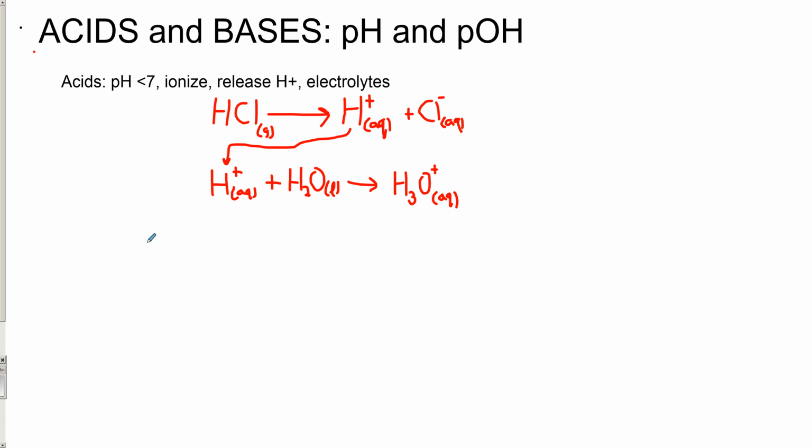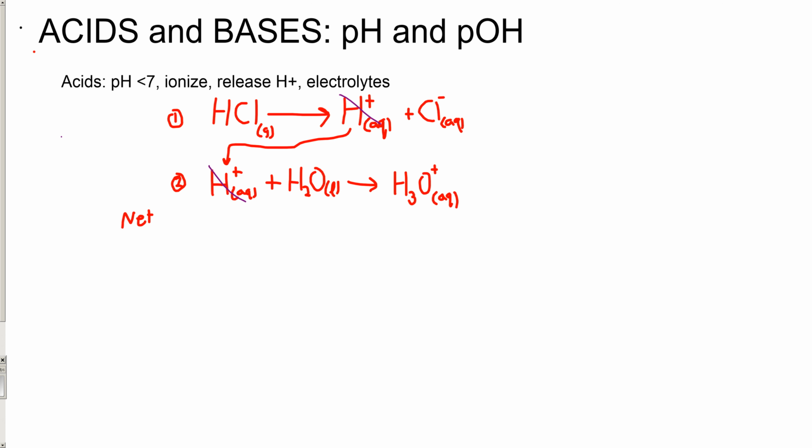The net, in other words, the total amount of stuff going on. If I look in these two equations, I can call this equation 1, equation 2. If I look for things that are the same on both sides of the equation, the only thing that is identical is the H plus.